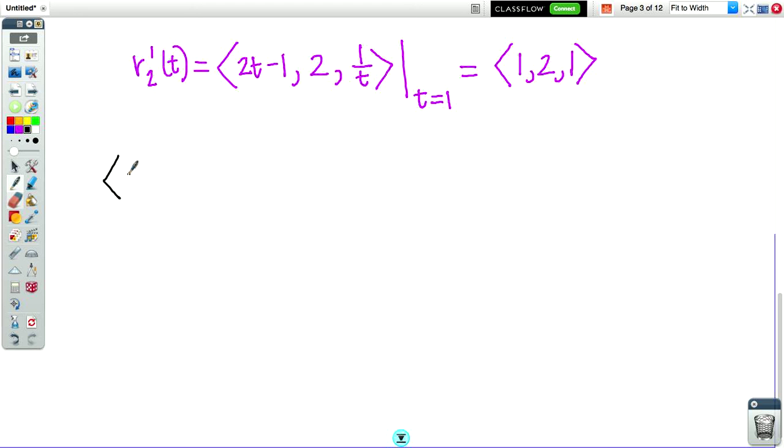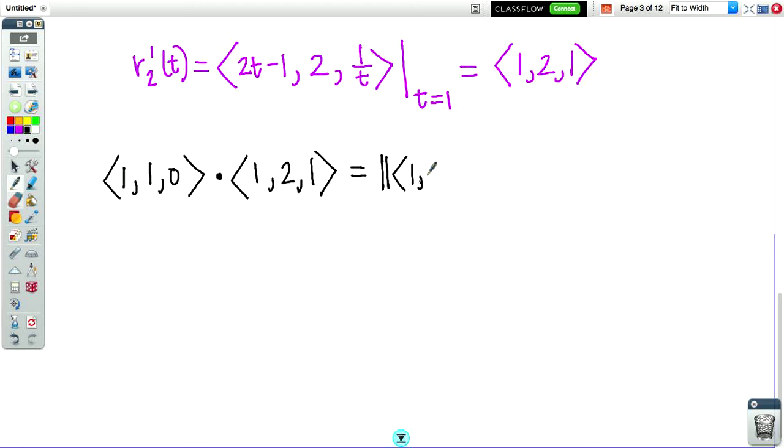So my first vector was 1, 1, 0, I think. If I do 1, 1, 0 dotted with the second vector of 1, 2, 1, the formula says the dot product of those two vectors equals the magnitude of the first one times the magnitude of the second one.